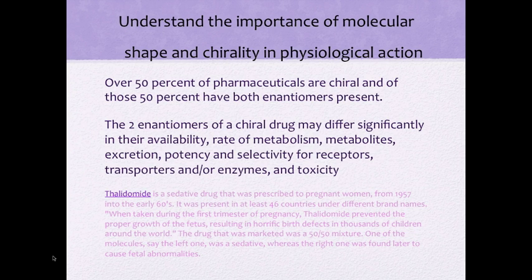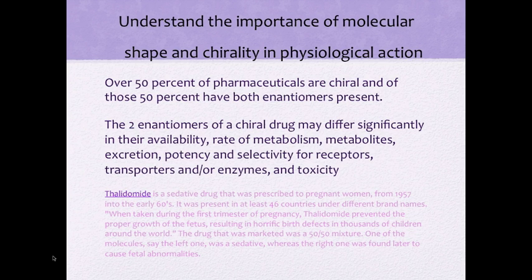Now, these two enantiomers of a chiral drug may differ significantly in how they affect the body. So it's very important that in the synthesis of these drugs, if there is a danger to human function, that enantiomer is kept away from the pharmaceutical.